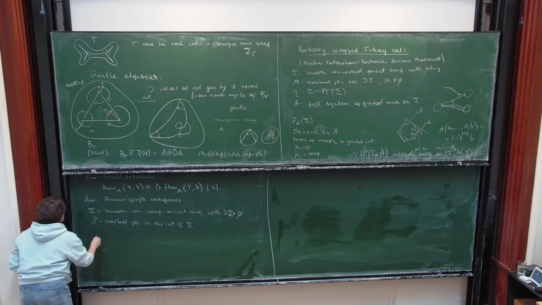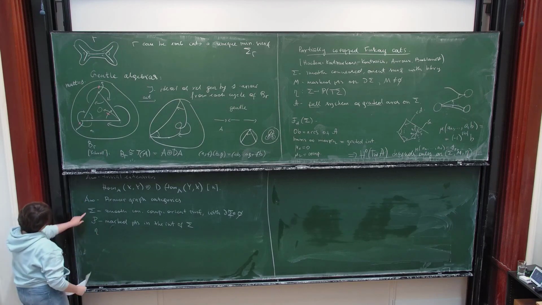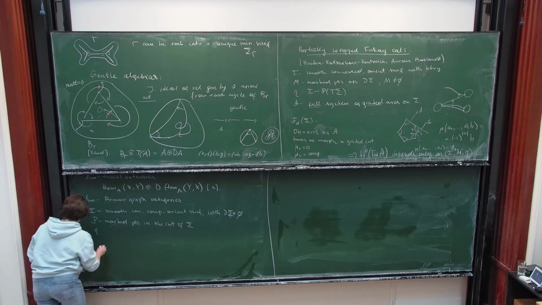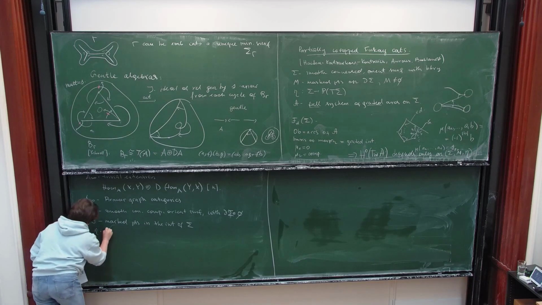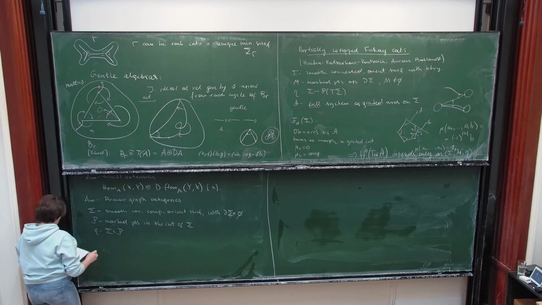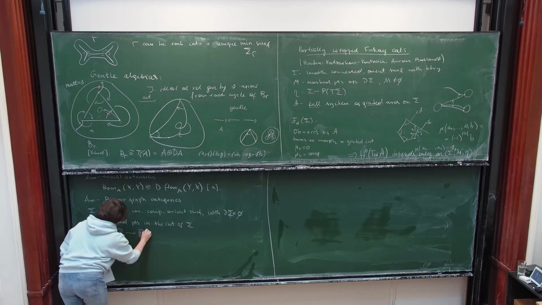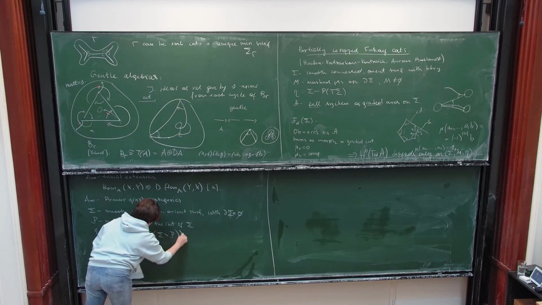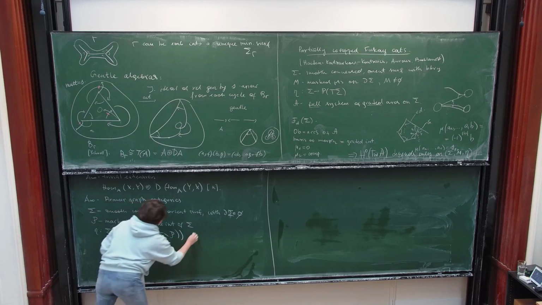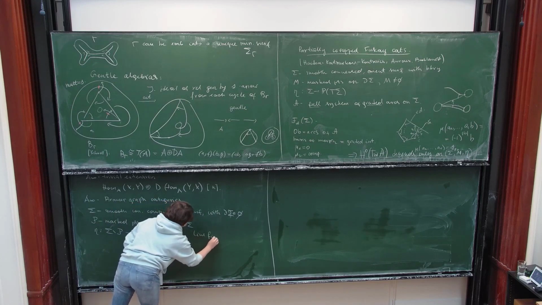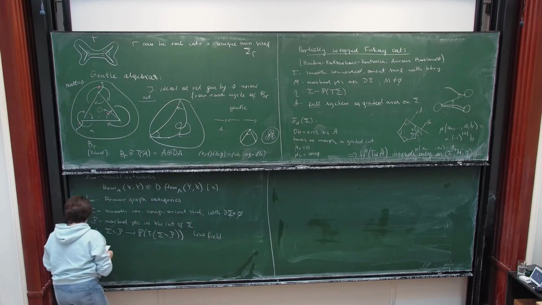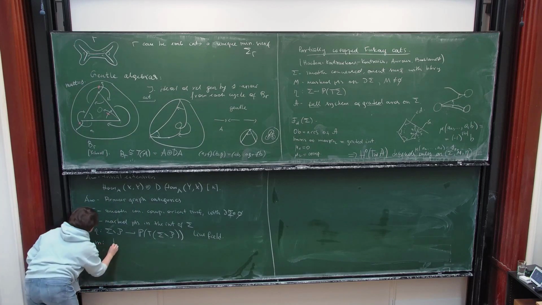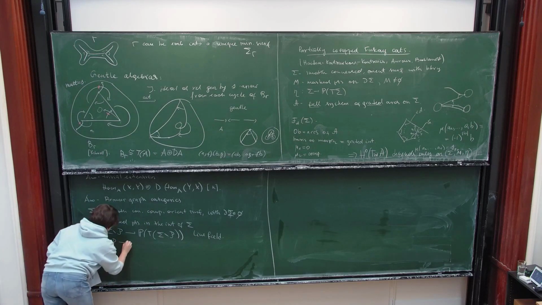And also the line field is going to be defined on the surface minus the set of the marked points. So this goes from the surface where we throw out the marked points to the projectivized tangent bundle. So this is the line field. And also we need to fix the multiplicity function, now going from the set of punctures to natural numbers.